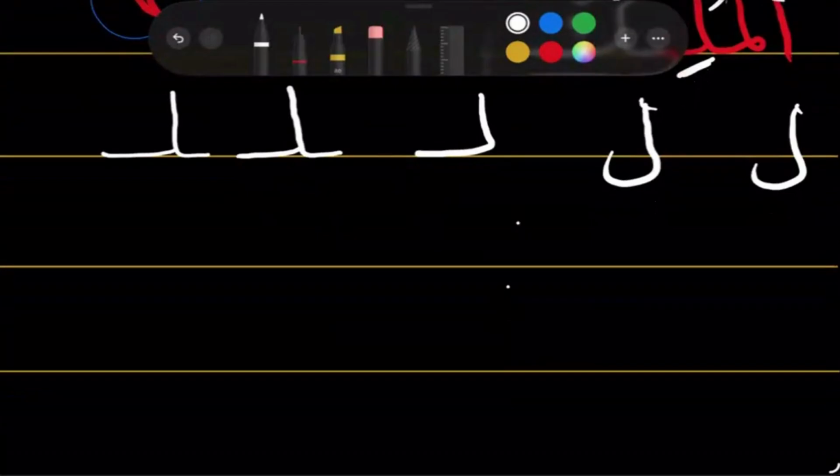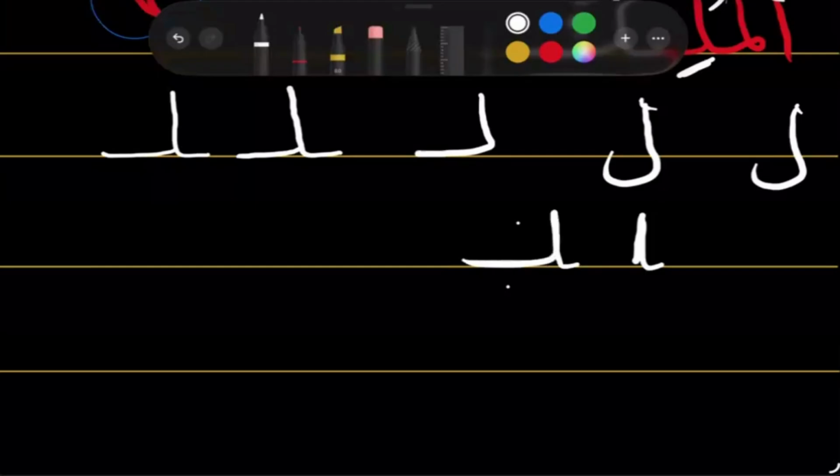If I try to trace that all the way back down, a lot of times it comes out sloppy. Maybe I'll do a good one here. See? It got thicker because I was tracing back down. That's why I picked my pen up. Okay, that one's not bad. But I do prefer to pick my pen up so I can guarantee a better line. And then at the end of the word, it just takes its own shape, connects from what's before it, and takes its own shape.